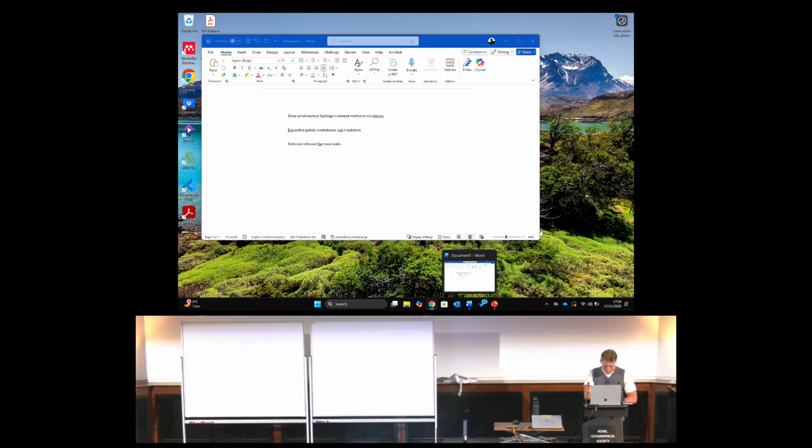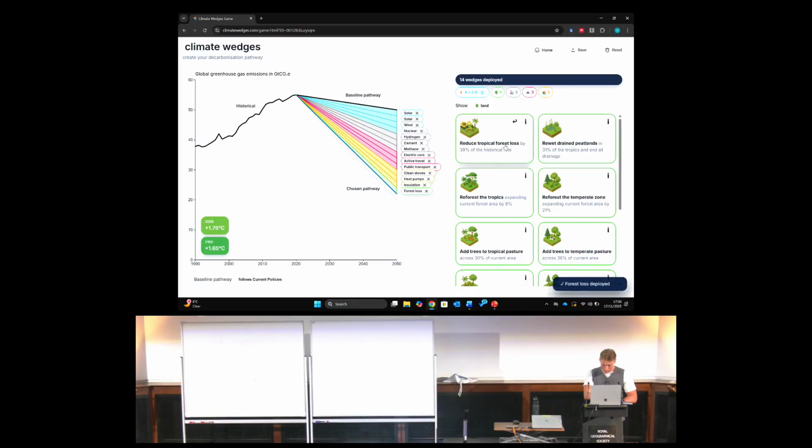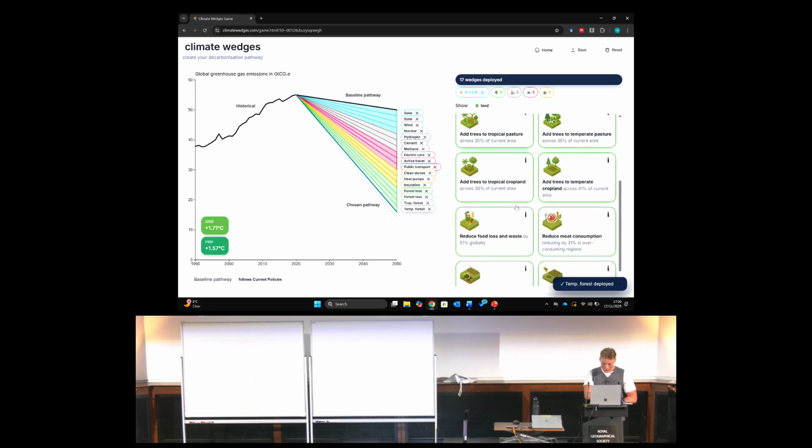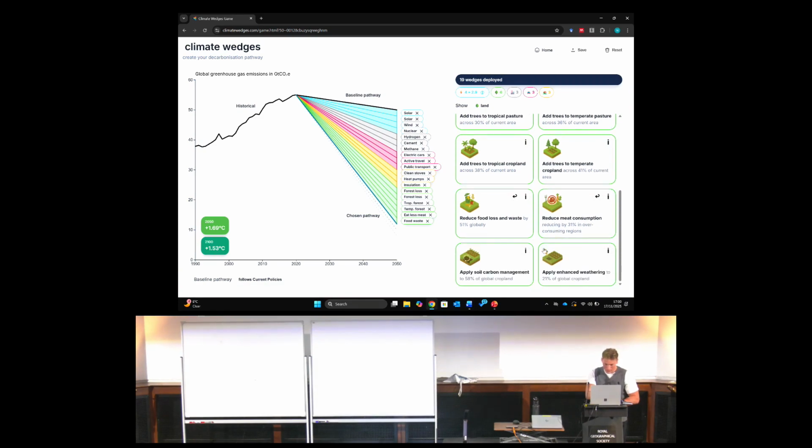And then this was a big favourite, so we'll really reduce tropical forest loss, reforestation in both the tropics and temperate, reducing meat consumption and reducing food loss and waste, and of course, the soil carbon management.